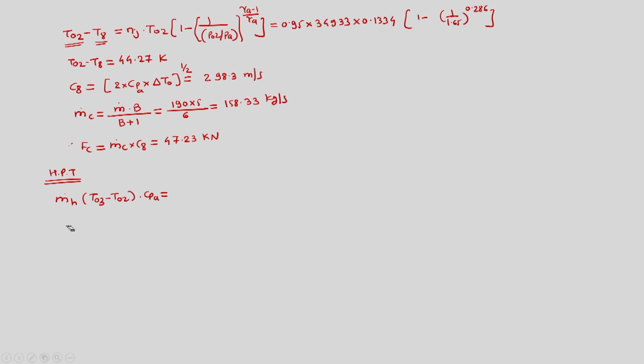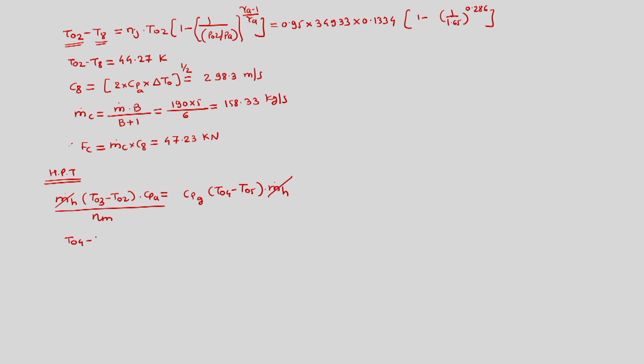So this is the compressor work input divided by mechanical efficiency, and that is equal to the high pressure turbine's work. So Cp of gas into T04 minus T05 into the hot gas mass flow coming into the turbine. Both the mass flow rates are the same for the compressor and turbine, so it gets cancelled.